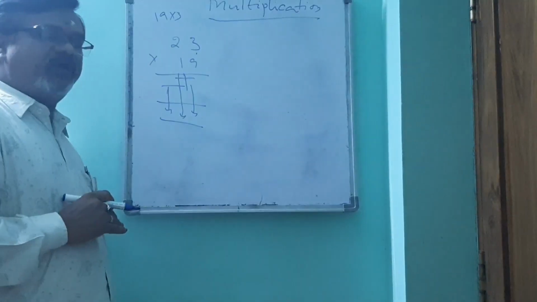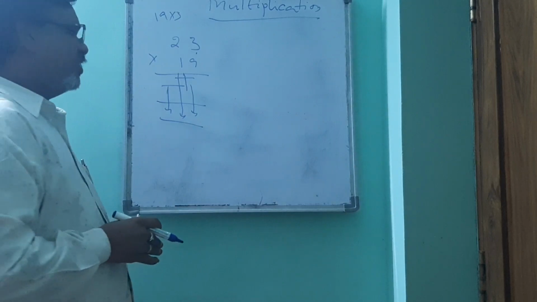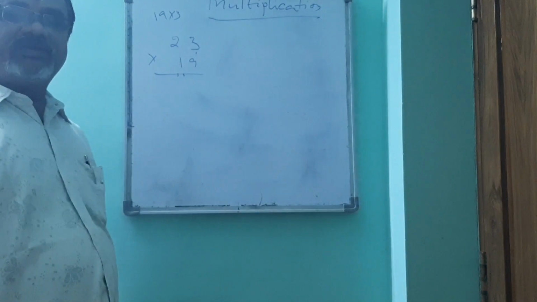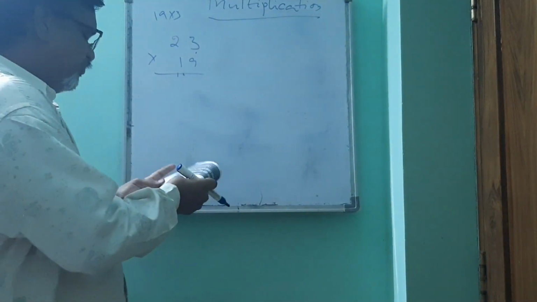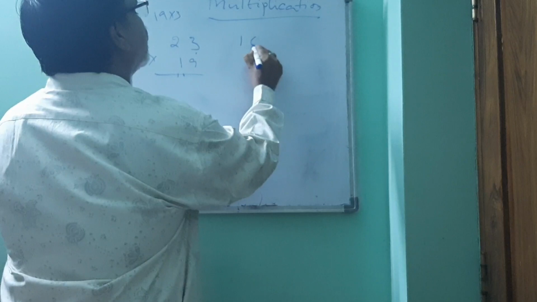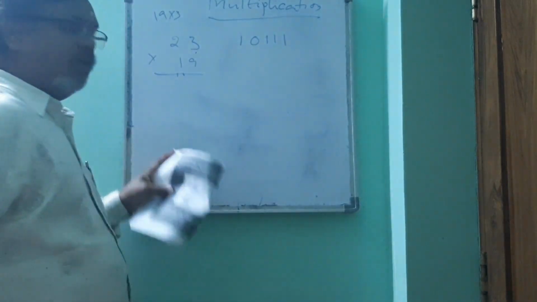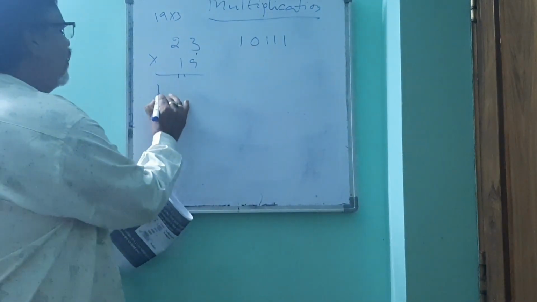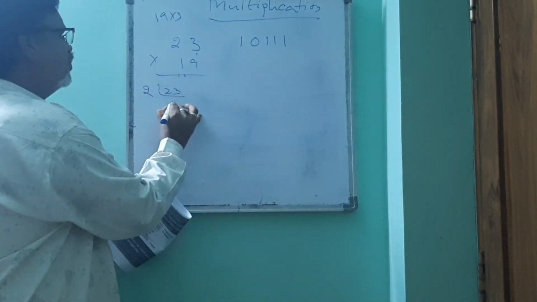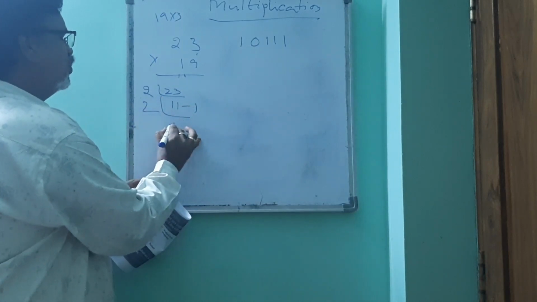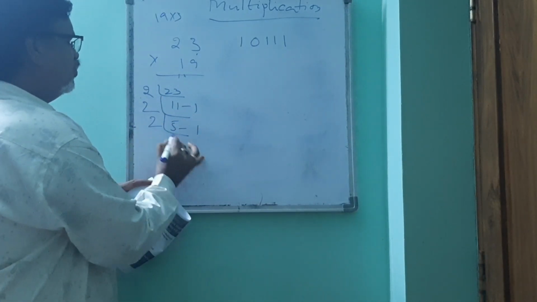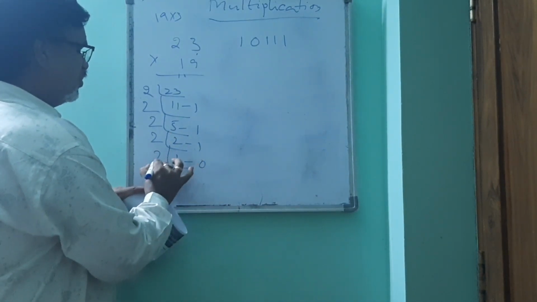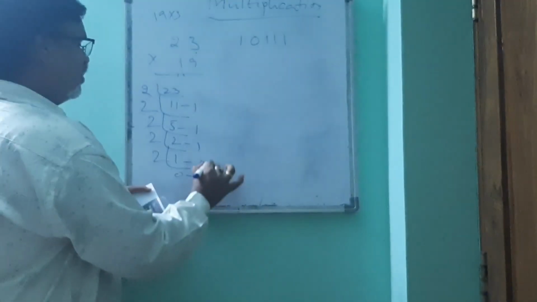We know very well our digital computer deals with all numbers in terms of binary. So let us write the equivalent binary for 23, which is 10111. You know how to convert a decimal number into binary: by dividing with 2, getting the remainders, and writing them in reverse order.